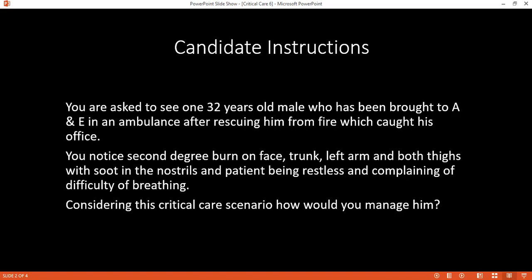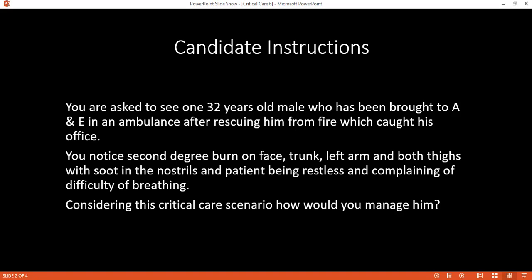So if a patient has facial injury, number 1, if he got full thickness burn injuries of any percentage, and in this patient, he got soot in his nostrils, so potentially he might lose his airway. So basically he qualifies for the burn unit.